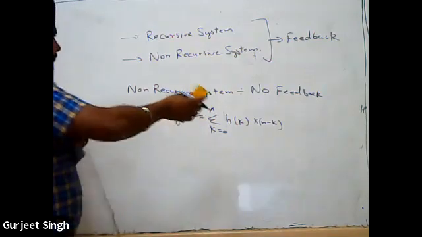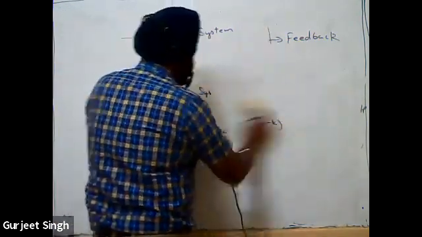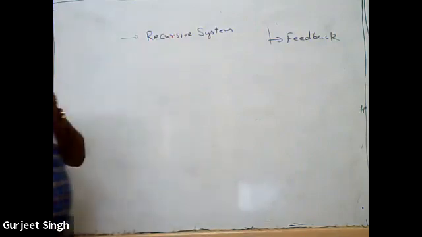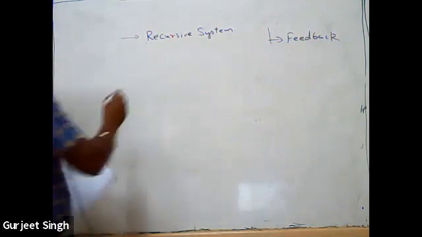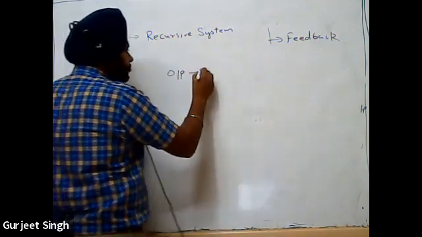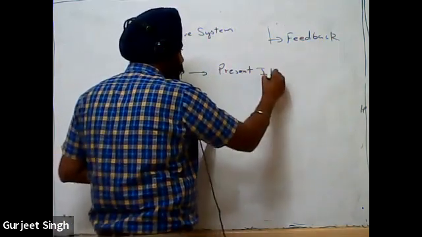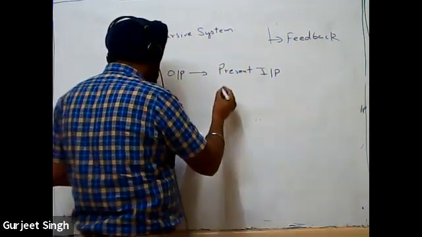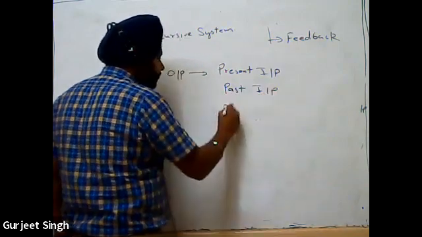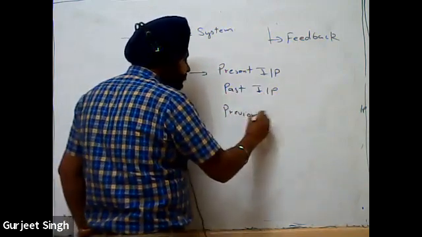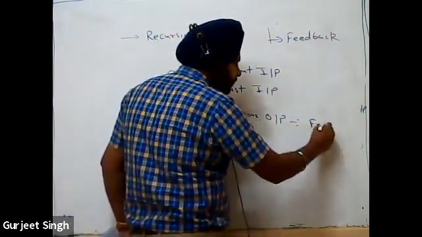Coming to the recursive system, this system has a feedback. In this case, the output depends upon the present input as well as the past input and the previous output, which means it depends upon the feedback.